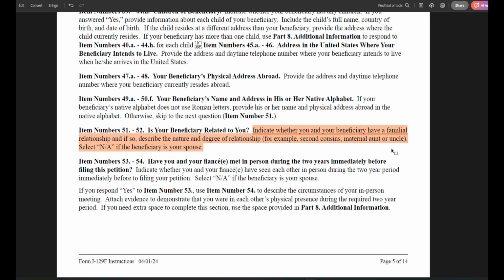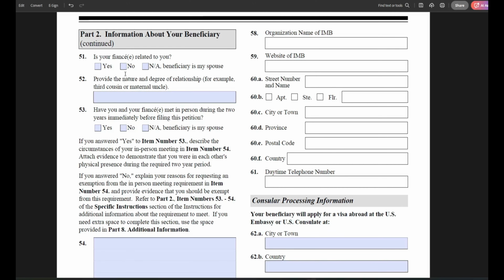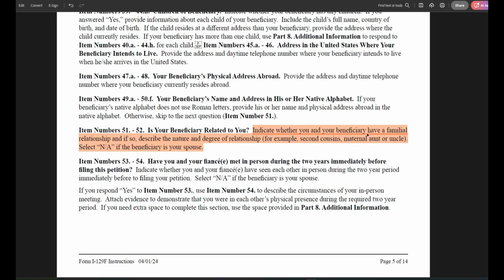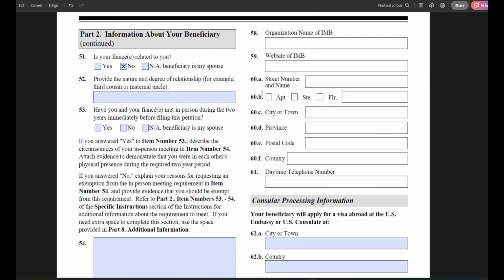So for example, cousins, etc. And hopefully you will answer no to this question, because if you answer yes, even if it is customary in your culture to marry your cousin, your second cousin, etc., in the United States, that kind of union may not be legal, and the US may not recognize that kind of relationship for the purposes of marriage, so you may be denied for this application. Because we answered no, we can skip question 52.